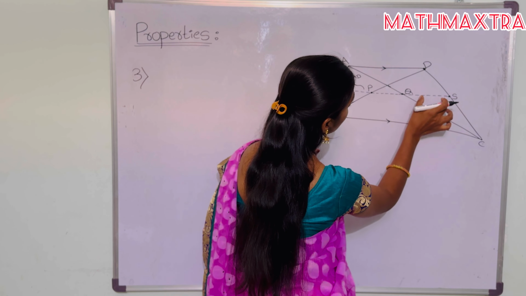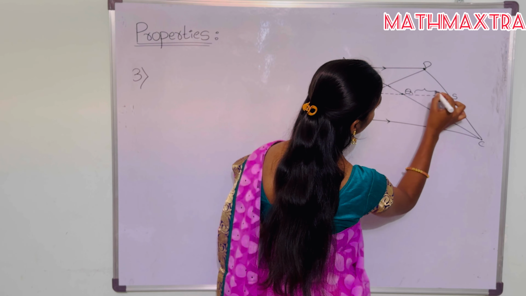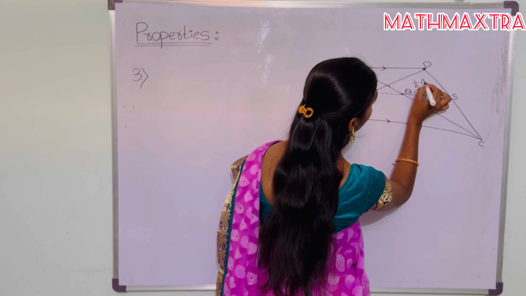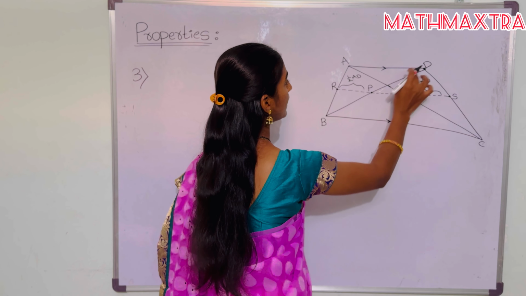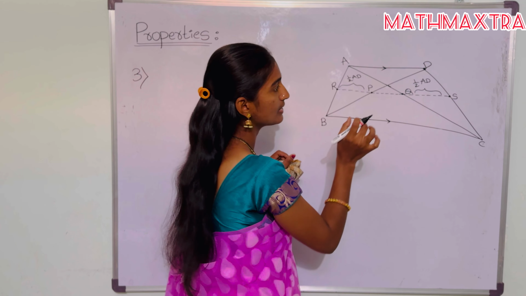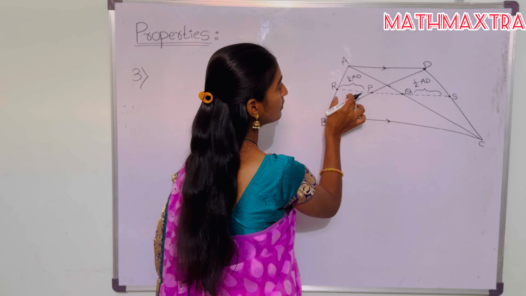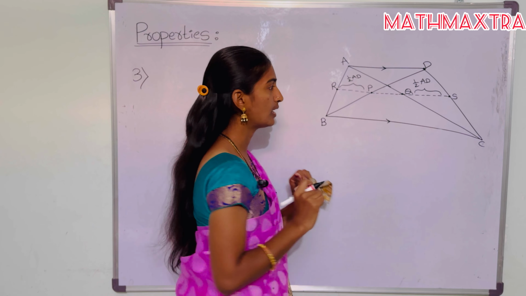This QS is nothing but half of AD, right? So this is also equal to half of AD, isn't it? For this triangle also it is a base. For this triangle also it is a base. That is why this is half of the third side, according to the basic proportionality theorem.